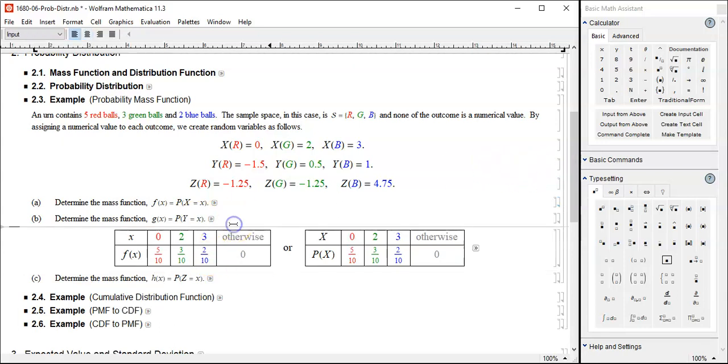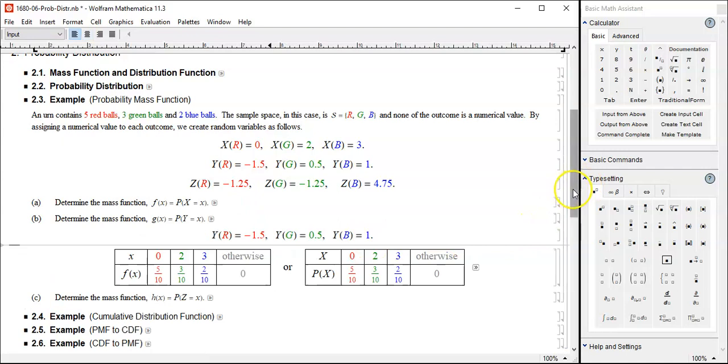That's a problem. I just copied and pasted. And then I want g of x, and this is random variable y, so let's change all these accordingly. And let's work out, what are the possible payoff values?